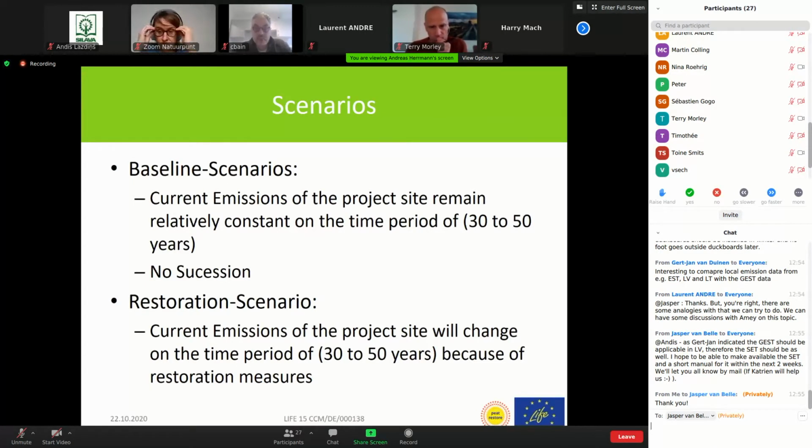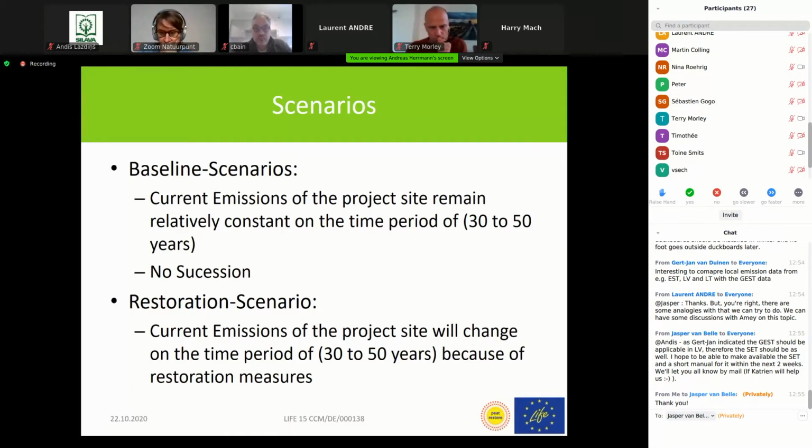And the time period is also a most important thing, because you say how much greenhouse gas you save in 30 to 50 years. Yeah, and we have no succession. So this is one of the main ideas: to find a way to come to a baseline scenario, or an assessment with all countries, to calculate the current emissions.